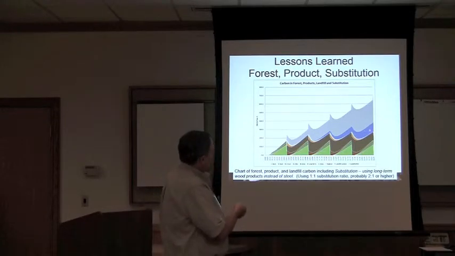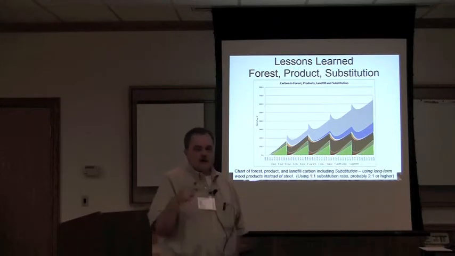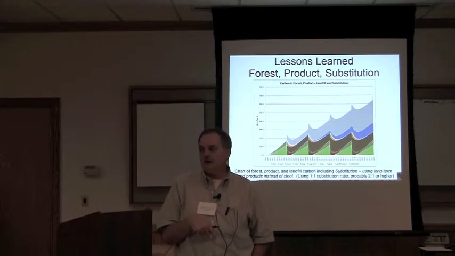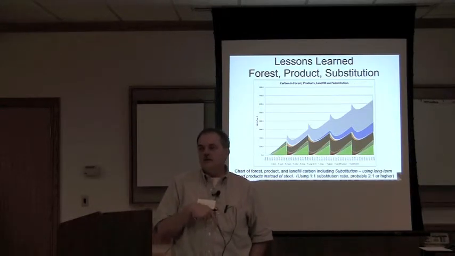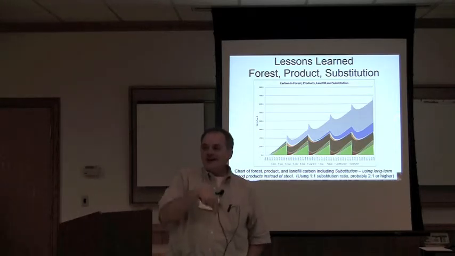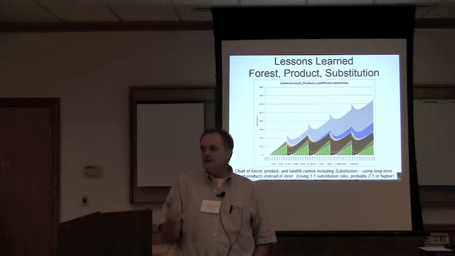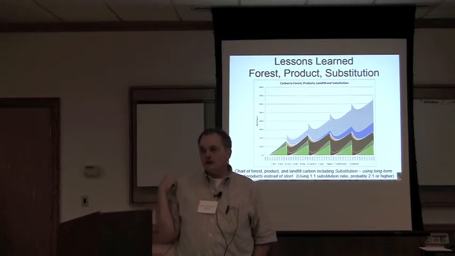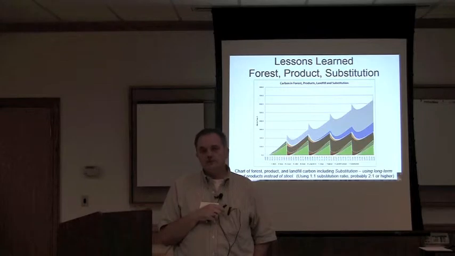So this gray area is if the house was built out of steel, that uses so much more energy to produce that. We're actually giving ourselves credit here for not having to spend the energy to build the house because we made it out of wood instead. And that displacement factor may be equal or greater than all the other carbon we're talking about in a relatively short period of time.